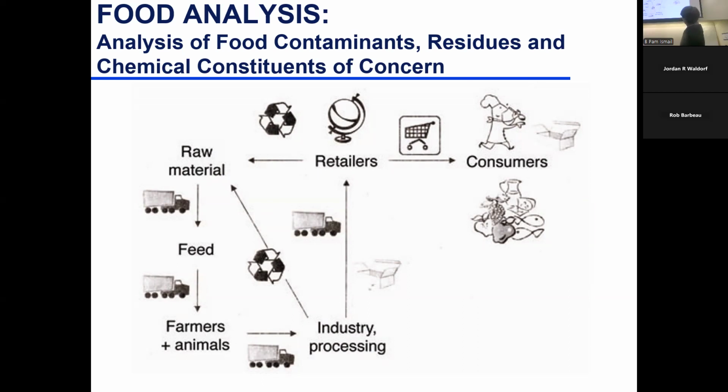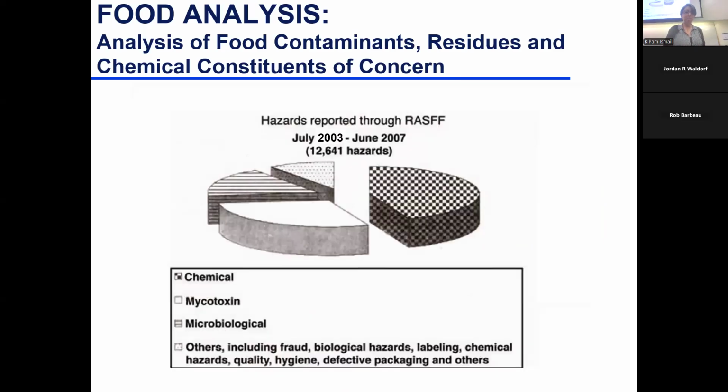So at any point of the chain, from production to consumers, there are chances of getting these unwanted components in our food. And there are so many categories, unfortunately, and they're unavoidable. You can't have any food product without anything at all in it that shouldn't be in it.